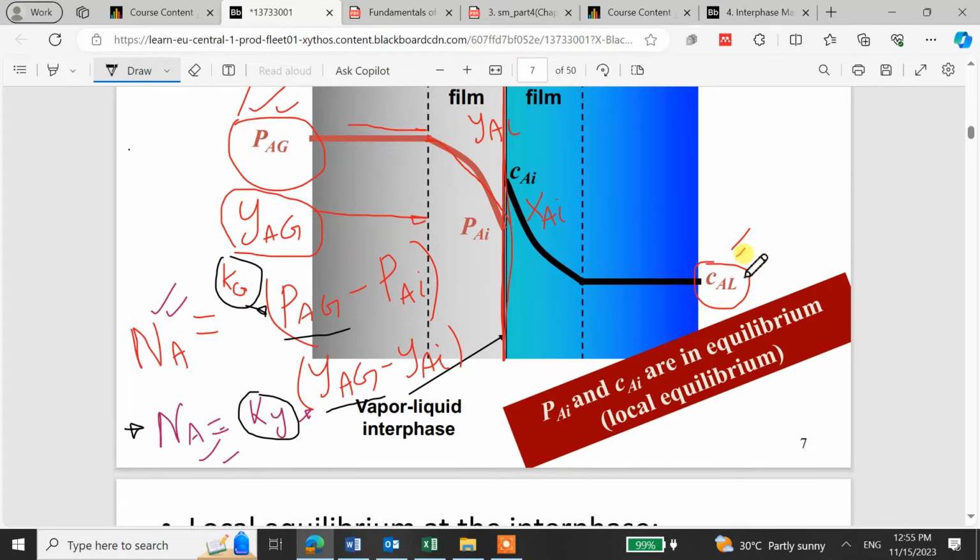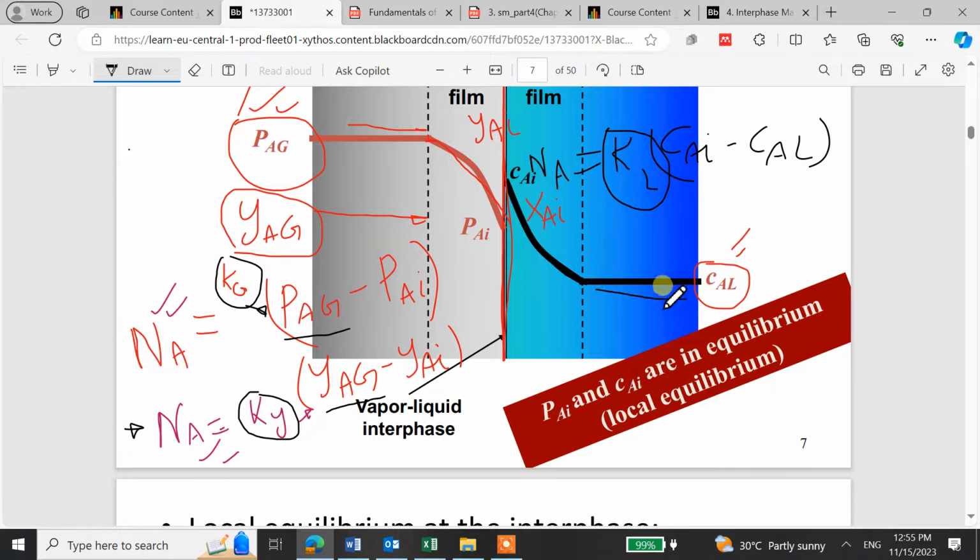Similarly we will have CAI minus CAL. This is the driving force, CAI minus CAL, and then we have small kl equals flux. So kg in gas, kl in liquid: the mass transfer coefficient based on gas and based on liquid. CAI is the interface to the bulk.